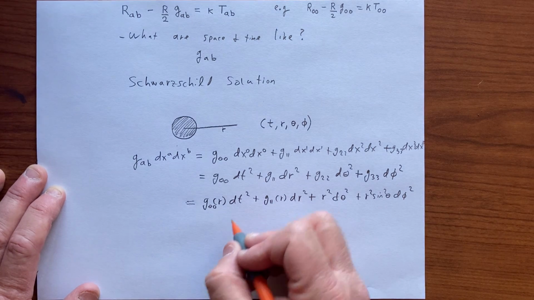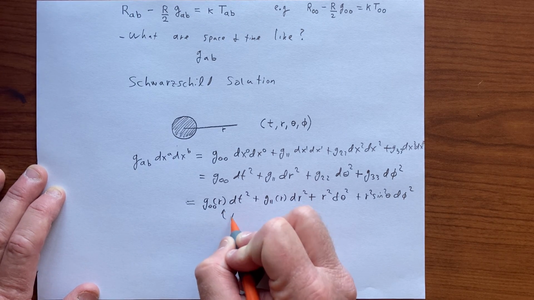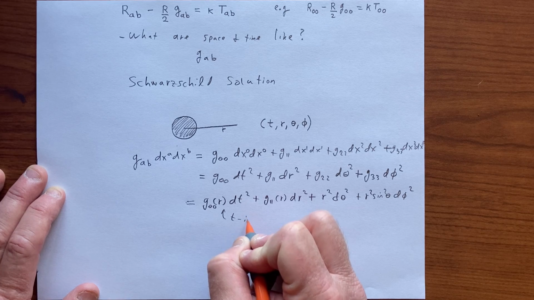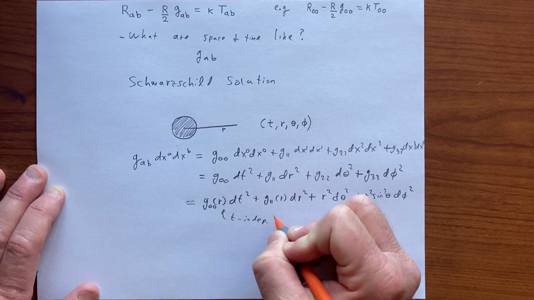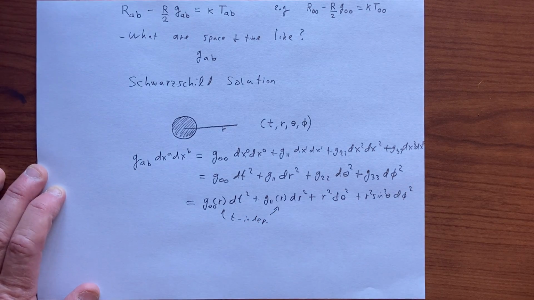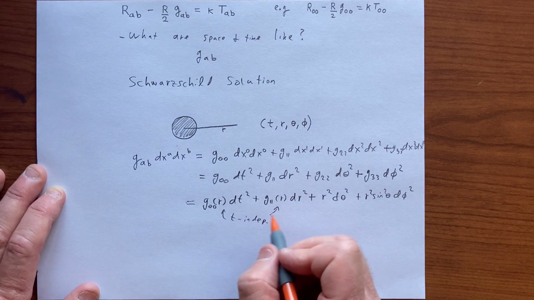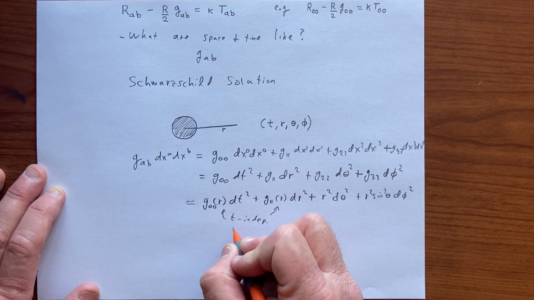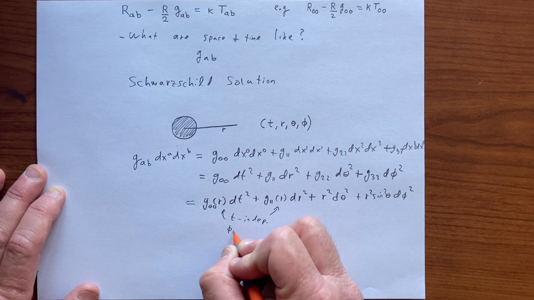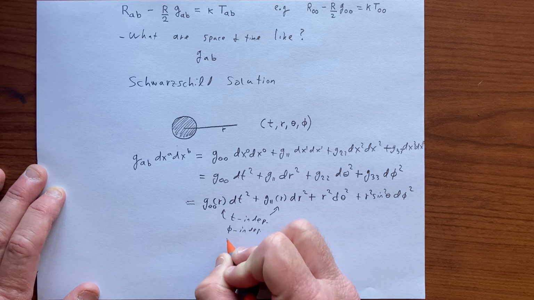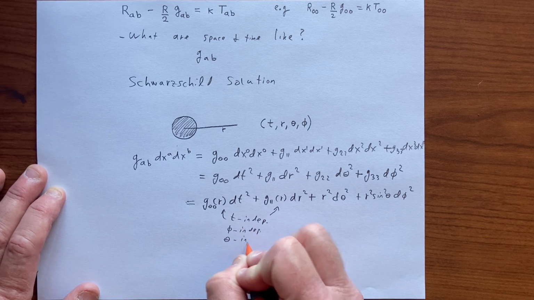So we know that these coefficients need to be time independent. They don't depend on any of the other coordinates either. Because of spherical symmetry, they're also phi independent and theta independent.